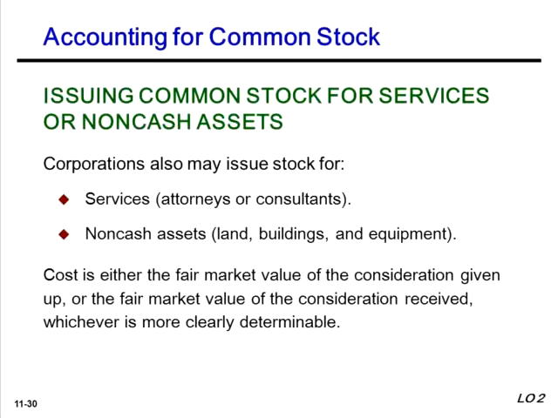The cost is either the fair market value of the consideration given up or the fair market value of the consideration received, which is more clearly determinable. So the fair market value of the consideration given up would be the fair market value of the services or the non-cash assets. The fair market value of the consideration received would be the market value of the stock.